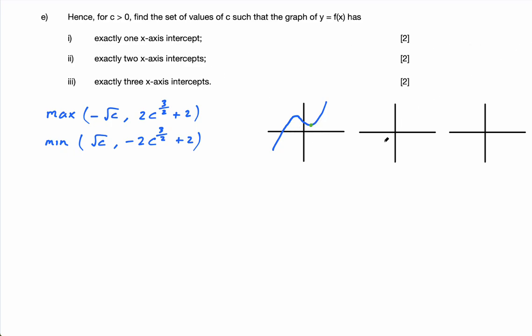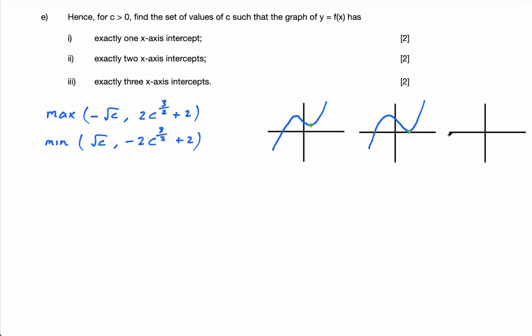The second part, to have exactly 2 x-intercepts, again, the maximum is going to be here, so it's going to go up. Maximum's there. Now exactly 2, it's just, hang on, let me do that again. It's going to just touch it once, and now I've got 2 roots, and the minimum is on the x-axis, which means the y coordinate of the minimum, which is this, has to equal 0.